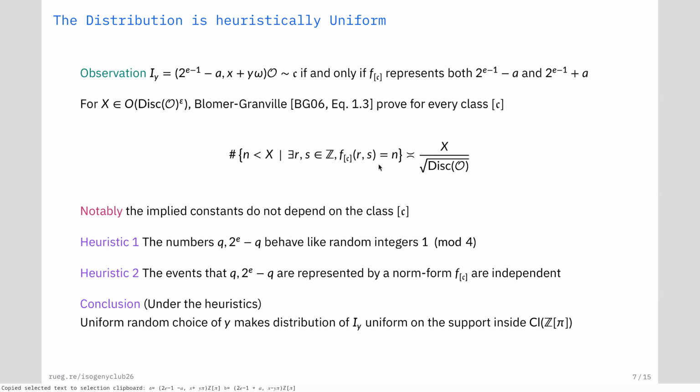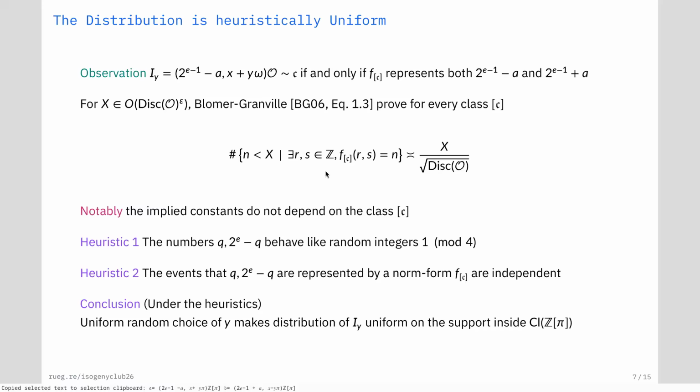And that's useful because, at least to support a theoretical argument for why we believe the distribution of our ideals is uniform in the class group, there is this result from Blomer and Granville. This paper talks about different asymptotic behaviors of representations of binary quadratic forms.